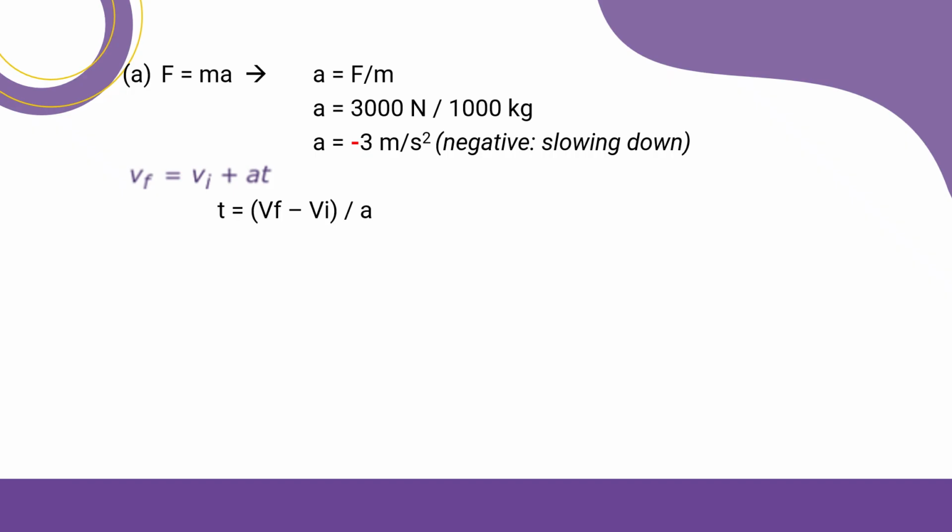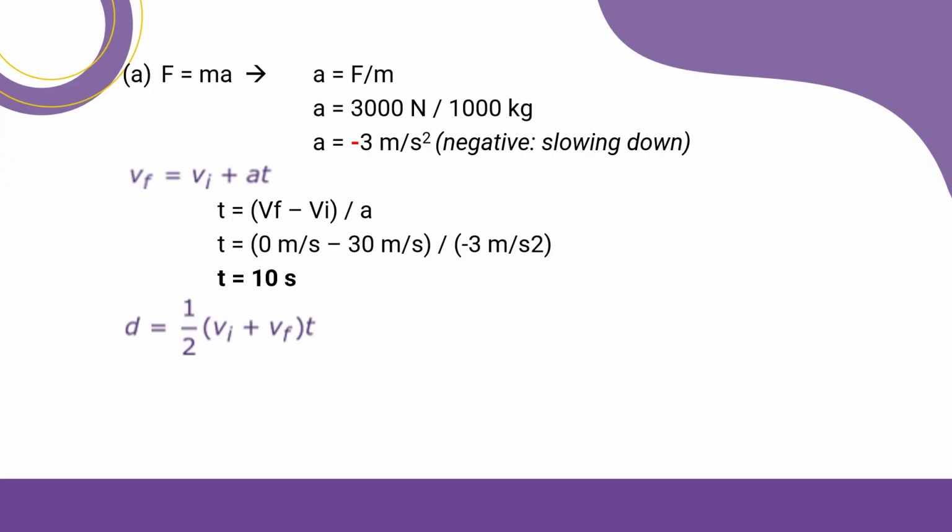Time is equal to Vf minus Vi divided by acceleration. Since in our problem the car started at 30 meters per second and comes to a stop, the final velocity is 0 meters per second. Substituting our values, the time is 10 seconds.